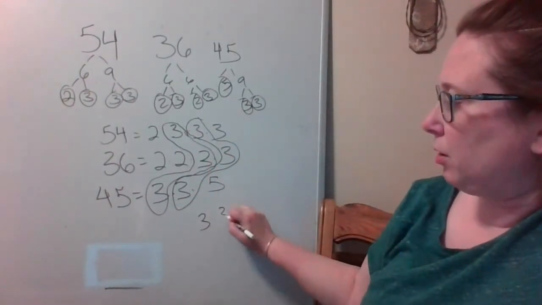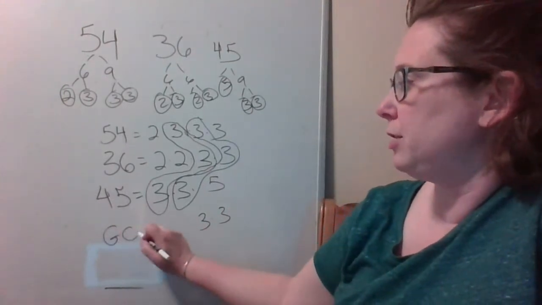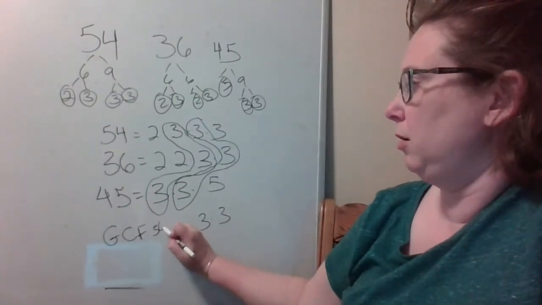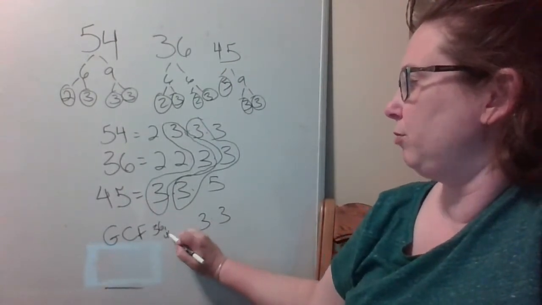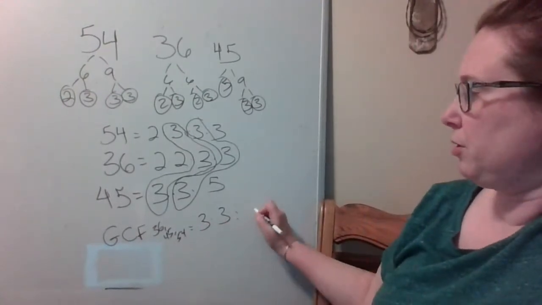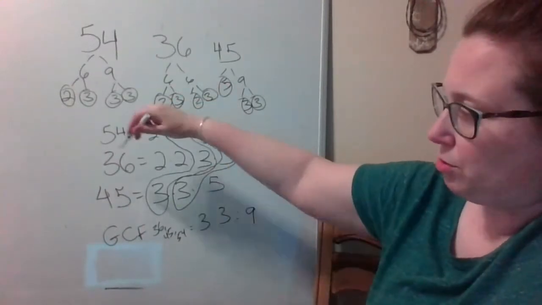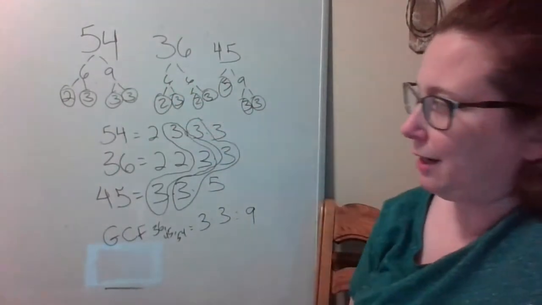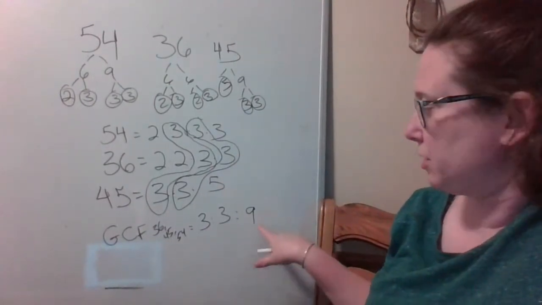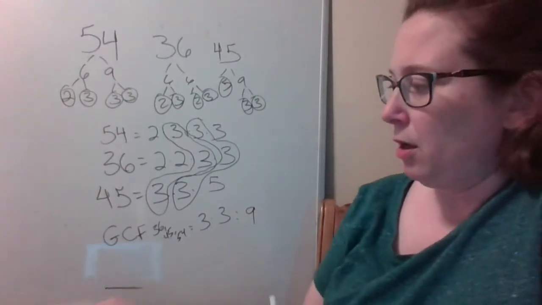So I end up with 3 times 3 for my GCF of these 3 numbers. 36, 45, and 54 equals 3 times 3, which is 9. So the biggest number that goes into 36, 45, and 54 without any remainders is 9. So that would be your answer here.